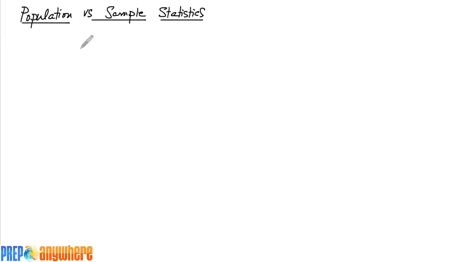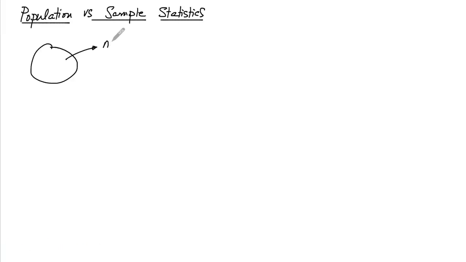In this video lecture, I'd like to compare and contrast a population statistic versus a sample statistic. So if we go back to the initial sample where we had a population, i.e. all the males in the city of London, and we had sampled 30 males and computed a sample mean and a sample standard deviation.